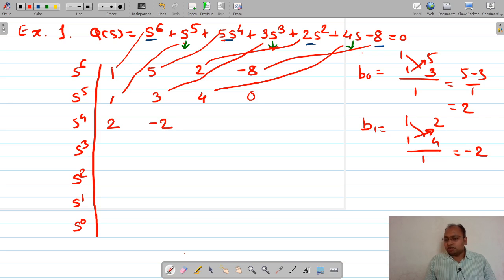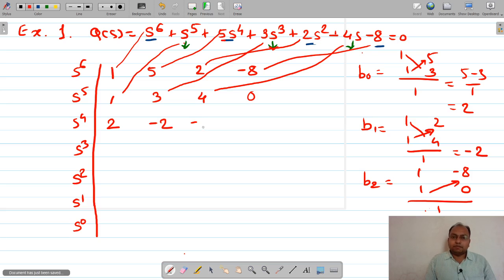Now let us find out this last element, b2. For that you need to consider 1 into minus 8 minus 1 into 0, divided by 1. So how much is it? Minus 8.